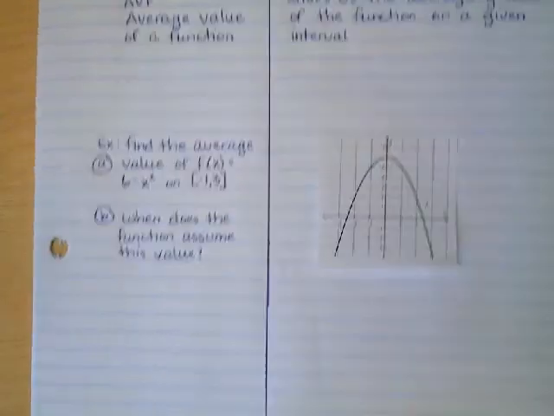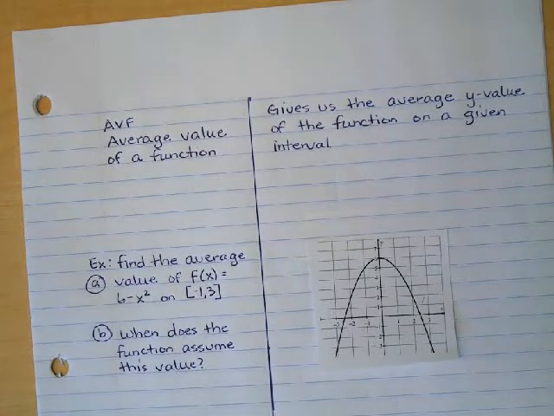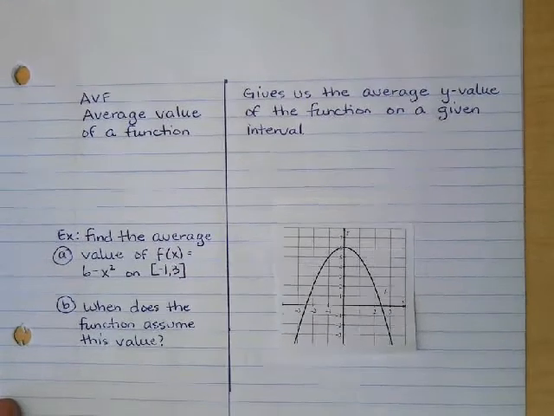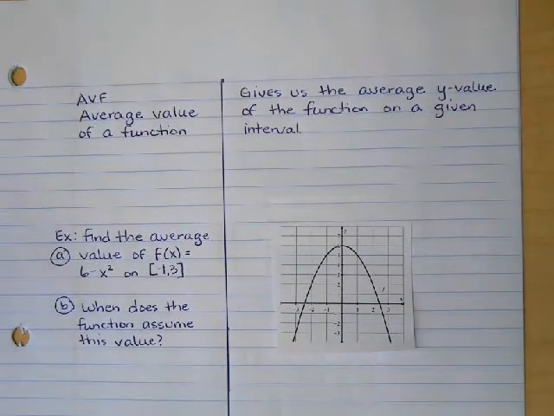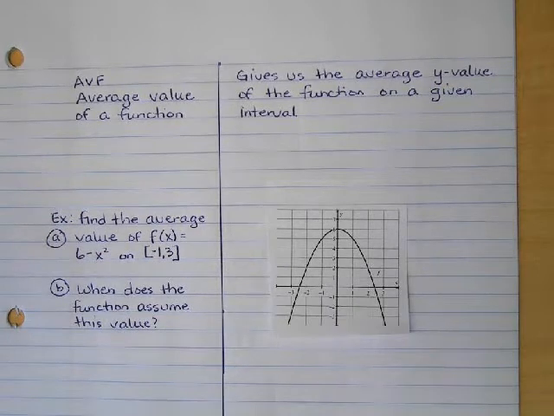So today, we're going to look at the average value of a function. Again, you might need to stop the video and make a little sketch of this. It doesn't need to be perfect. The average value of a function gives us the average y value of the function on a given interval.